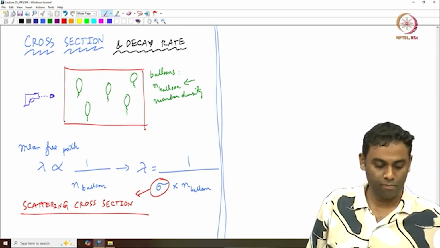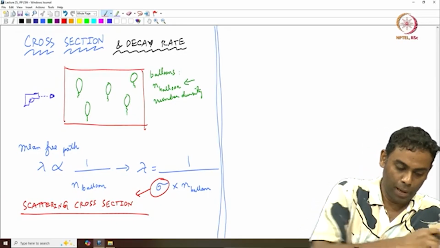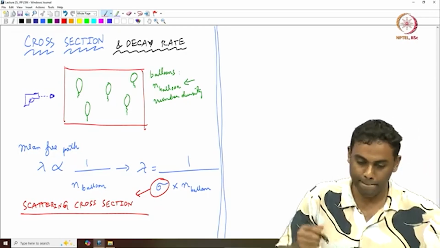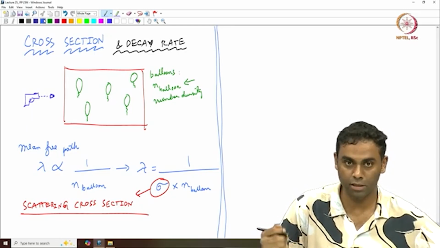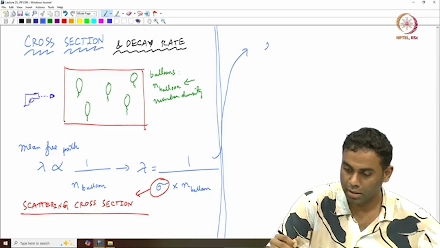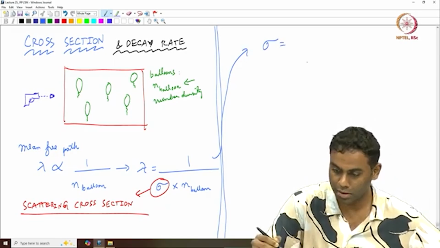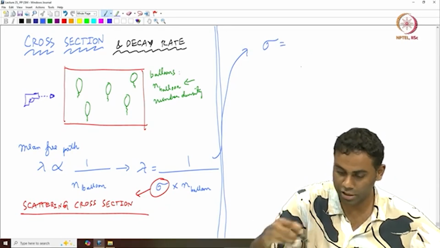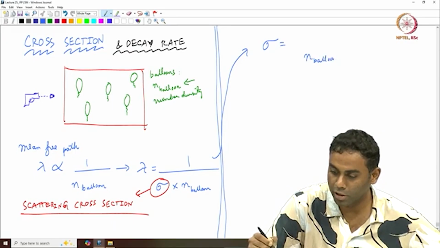Okay, good. So let's rewrite this slightly. If I want to define the cross section in this system, I would say that the cross section is, so I'm now bringing down the number density. So I'm just exchanging the left hand side and right hand side, numerator and denominator.